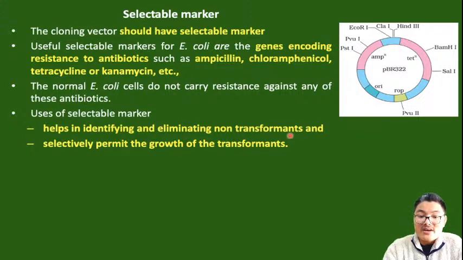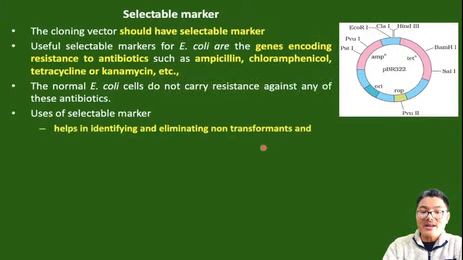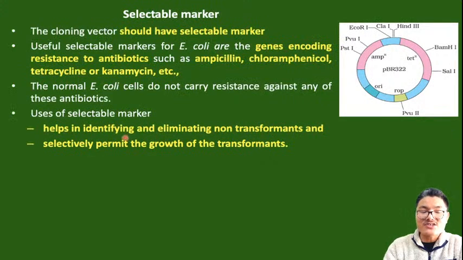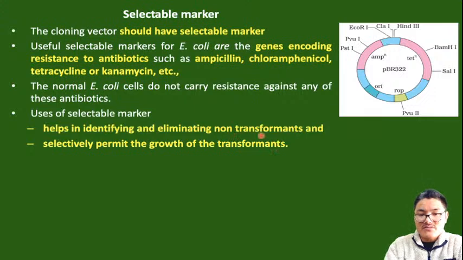Hence there is easier selection of growing transformants from the petri plates. So selectable markers help in identifying transformants from non-transformants, and what we require is transformants or recombinants. We do not require non-transformants.